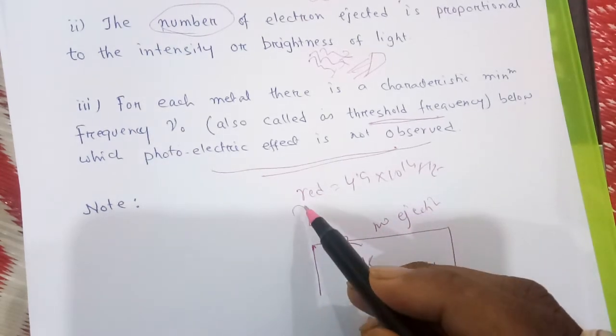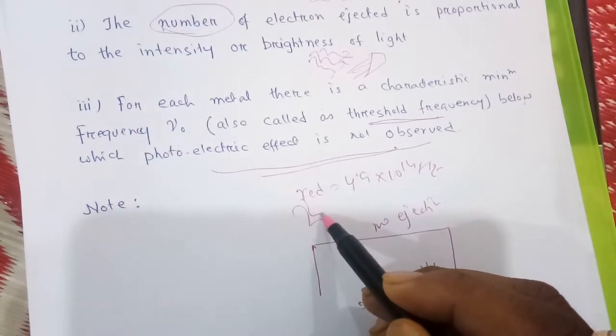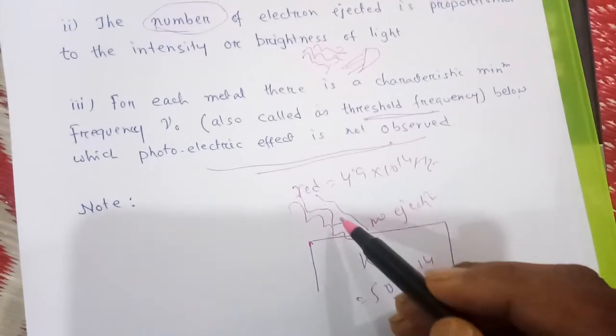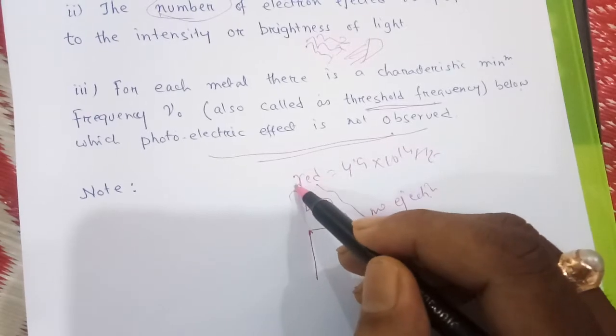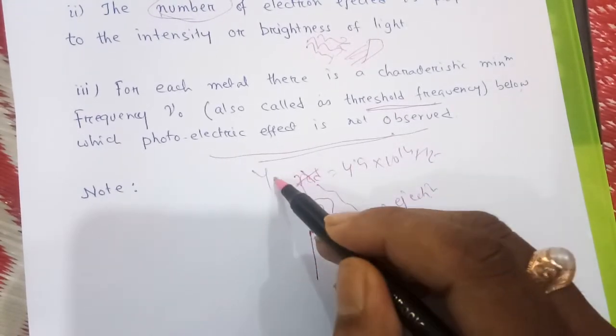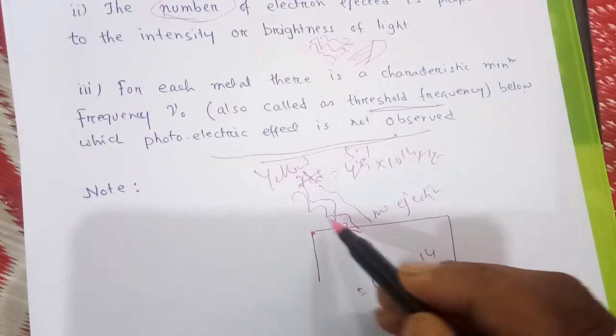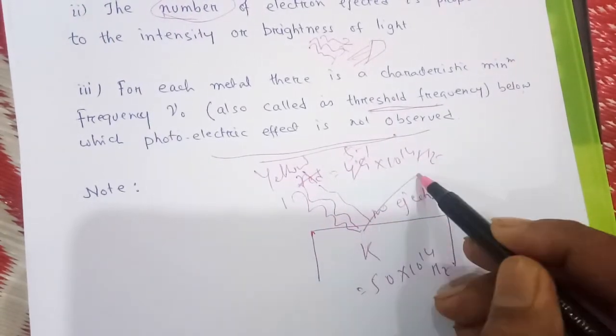Now, instead of one light, if struck with two lights, then also no ejection. If struck with three lights, still none. Now, instead of red light, if you use yellow light, which has frequency 5.1, then with one you are striking, you get one electron.